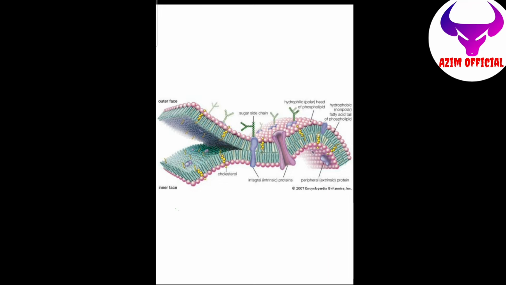There are some carriers like the sodium channel. In the sodium channel, we have the sodium potassium carrier. We have the glucose transporter. So all those channels and carriers take them inside the cell, though they can't pass through the lipid bilayer.